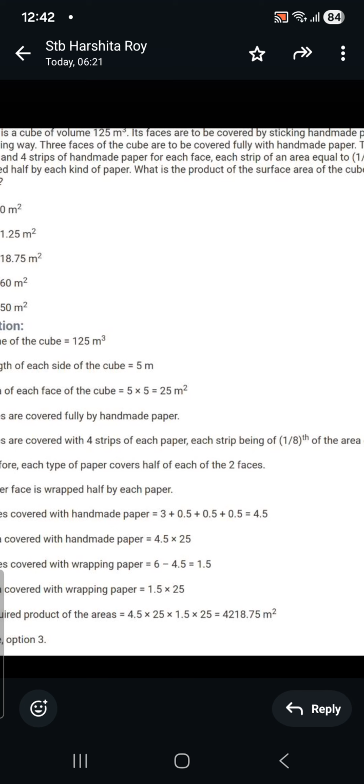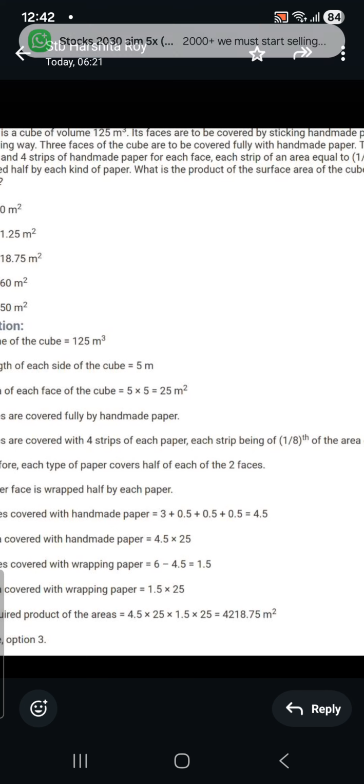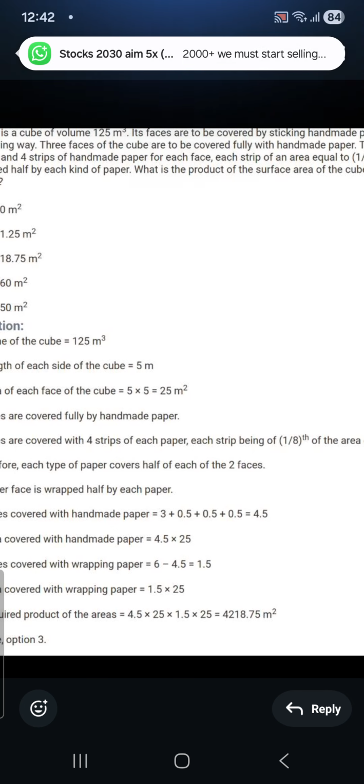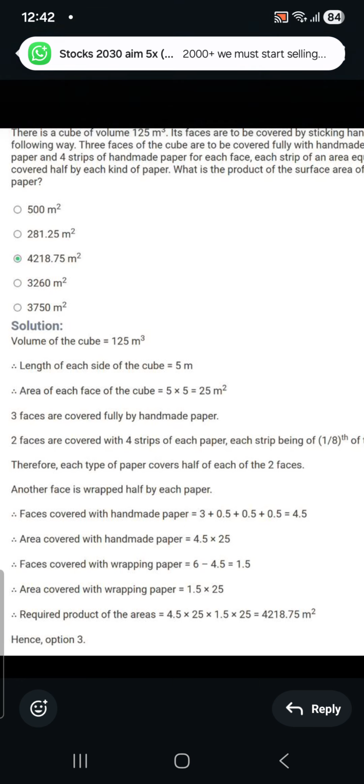Out of the remaining three, 0.5 plus 0.5 plus 0.5 is handmade paper, and the wrapping paper will be 0.5 plus 0.5 plus 0.5, that is 1.5, isn't it? 50% of 3 is 1.5.